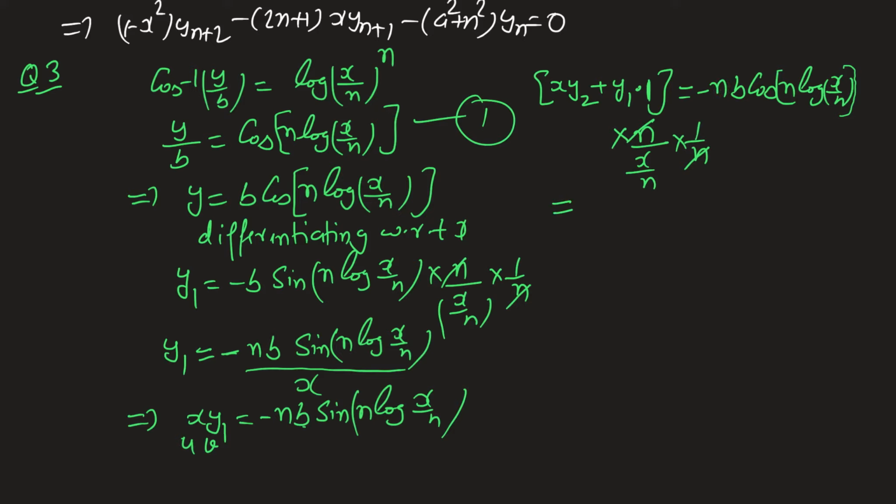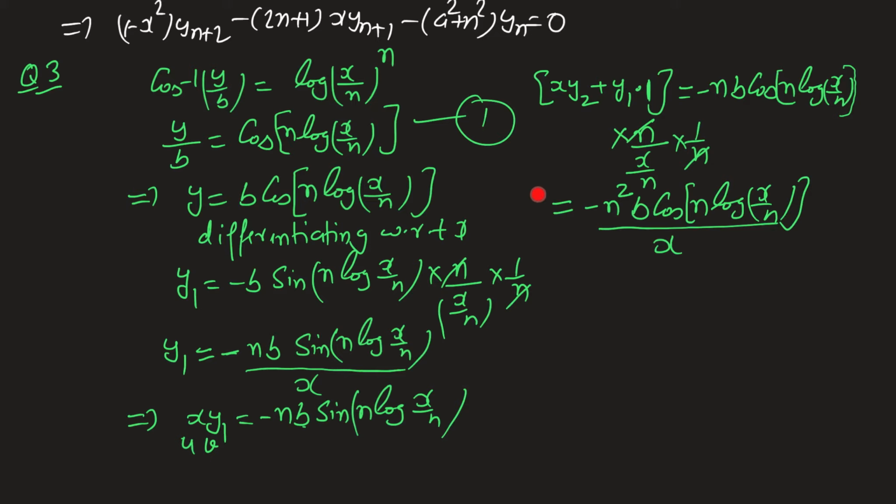This is equal to minus n square b cos (n log (x by n)), divided by x.